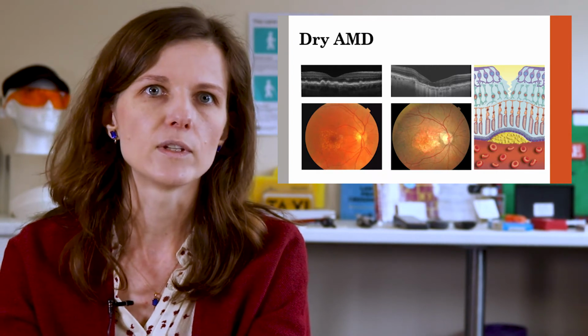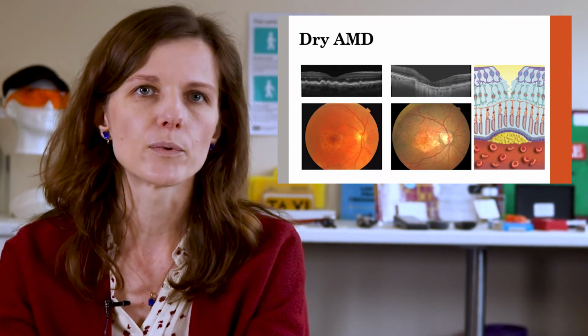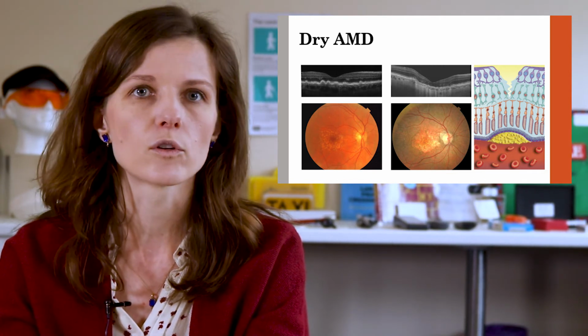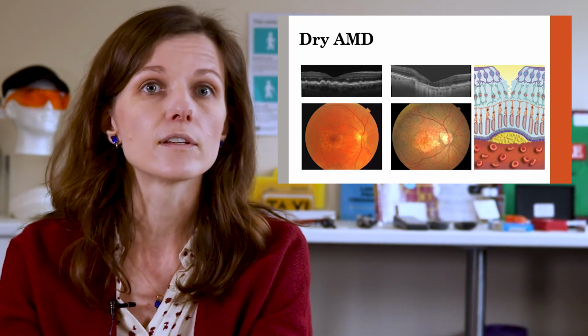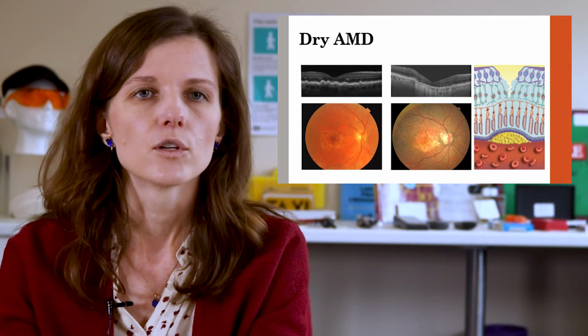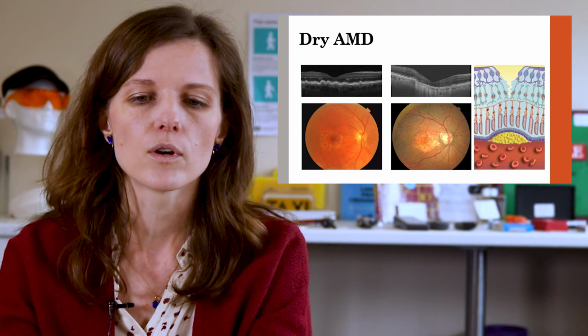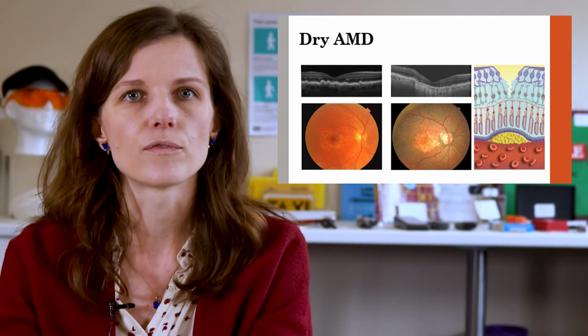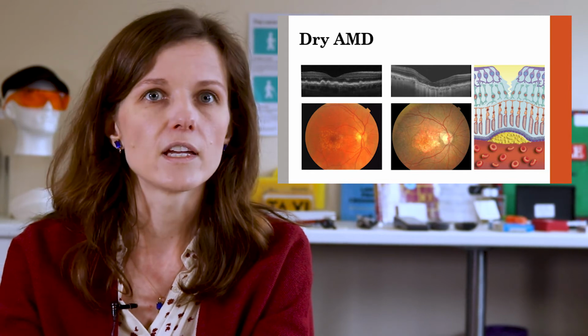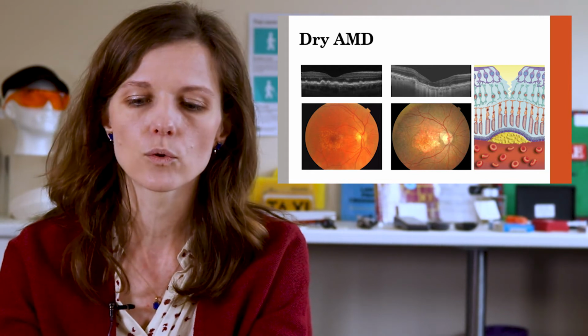In dry AMD, there is a buildup of fatty waste, metabolic waste, underneath the retina, which we call drusen. Dry AMD can also present as atrophy or thinning of the retina. Dry AMD can occasionally turn into wet AMD.